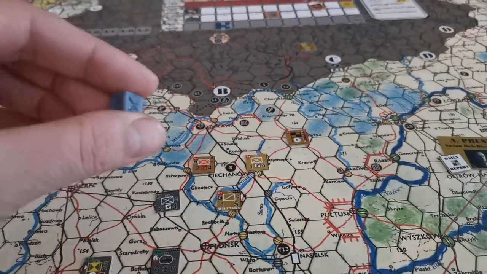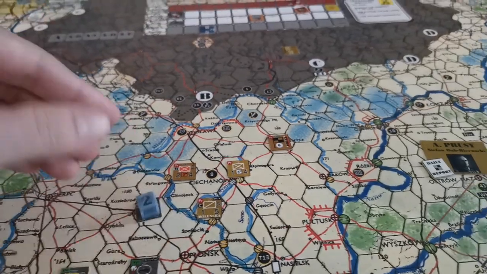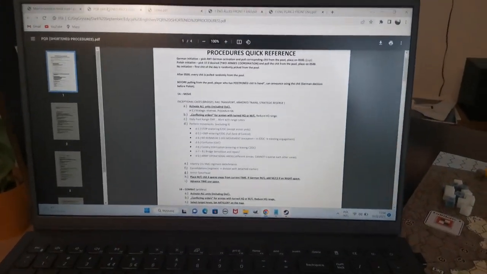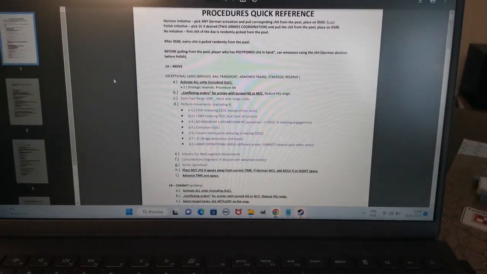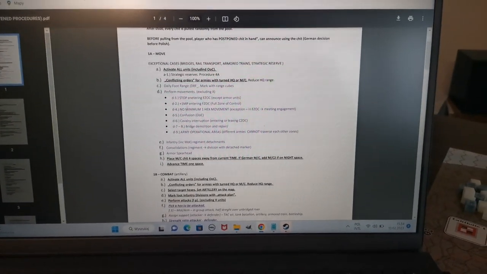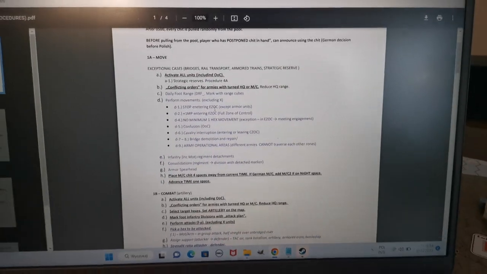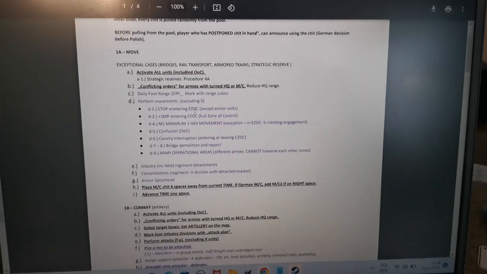Let's say it has, for example, 2. Then perform movements, excluding X units, so those units that have used their DRF maximum already.